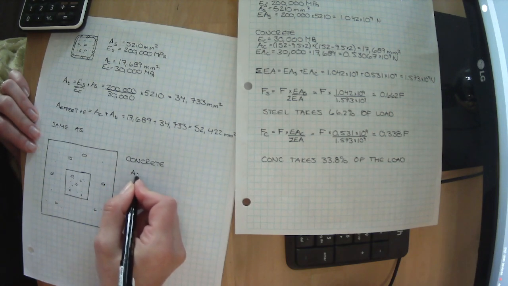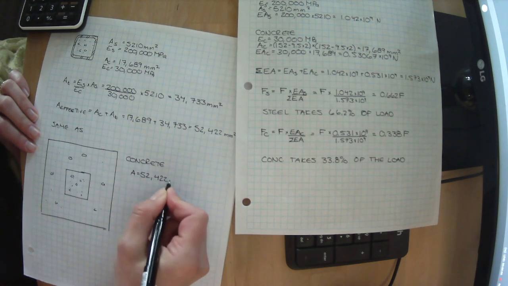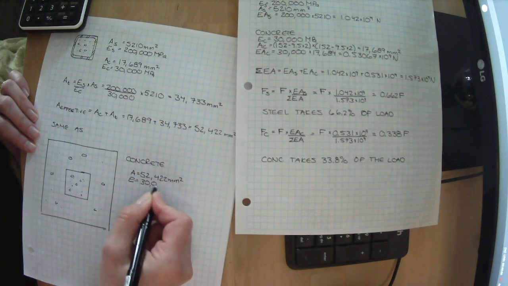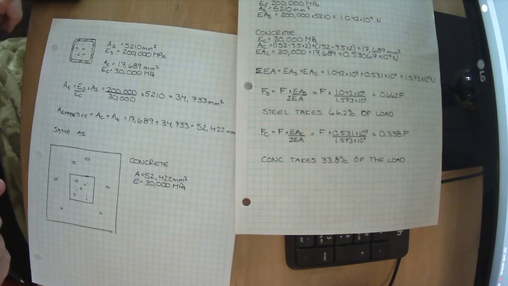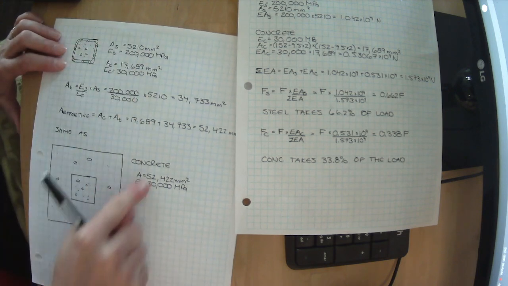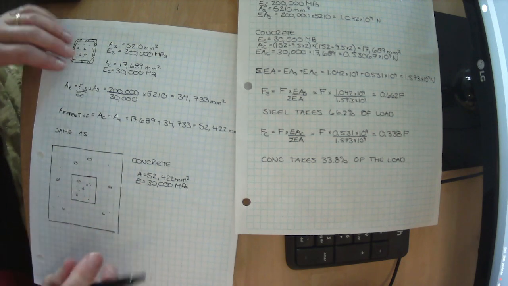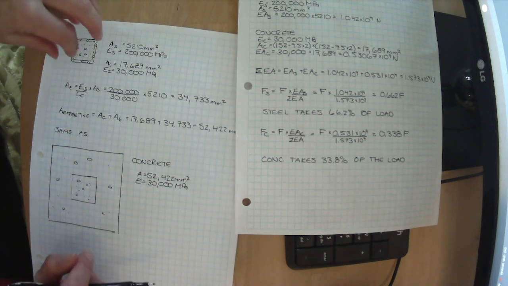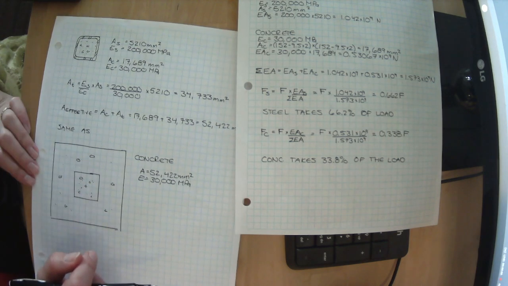With an area of 52,422 millimeters squared and an E of 30,000 MPa. So we're saying that this system here with these properties is the same as this system here with these properties. So what we've essentially done is figured out what amount of concrete could replace that steel to do the same job as the steel was doing.